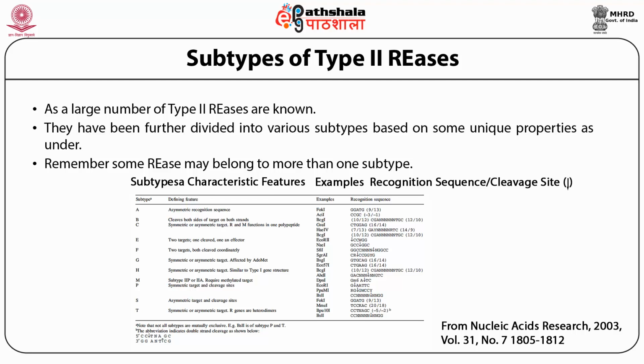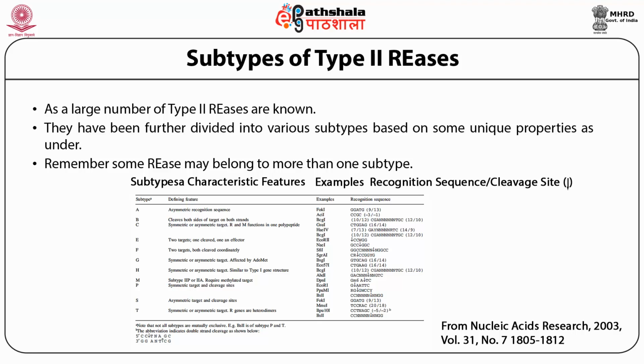belongs to group 2M, and the restriction endonucleases that belong to type 4 can also cleave methylated targets. Subtype 2P recognizes symmetric targets and cleavage sites. Type 2S recognizes asymmetric targets and cleaves them.